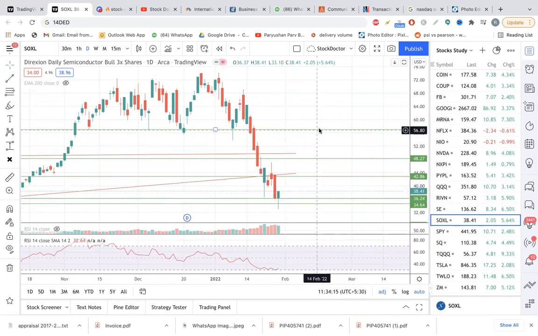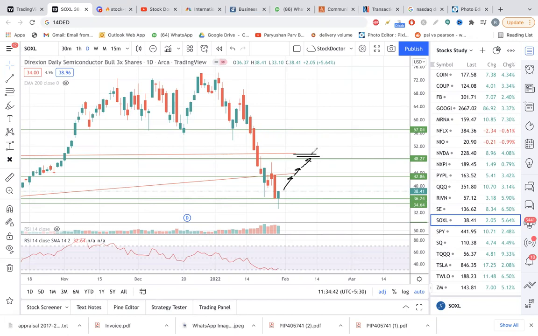So the very immediate short-term targets for this stock, I am feeling, are around 43, and then 45 and 48 again. Once it starts coming toward 48 again, then we can come into the safer zone, where the stock is again above the level where it gave a breakout a long time back.